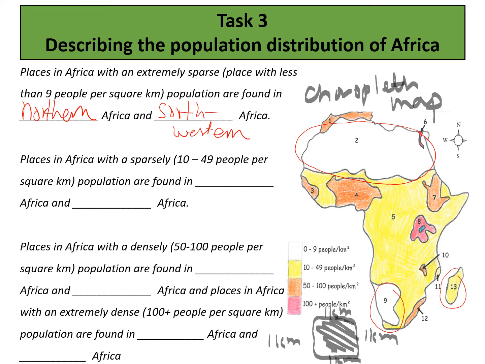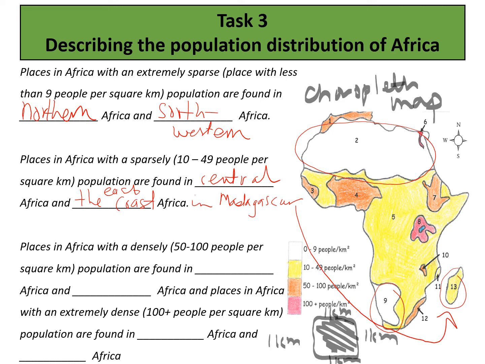So you could say they're found in Central Africa, or you could say they're found off the east coast of Africa, in Madagascar, which is here.